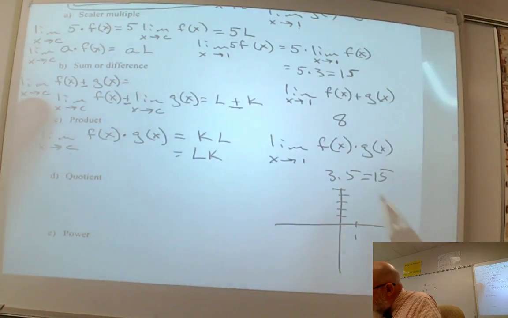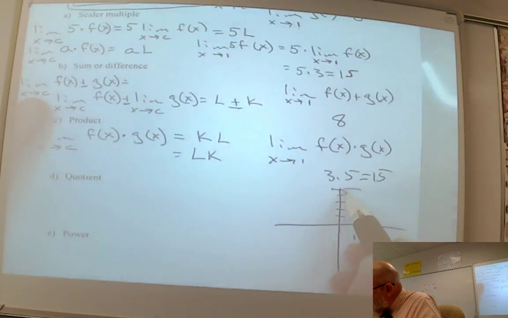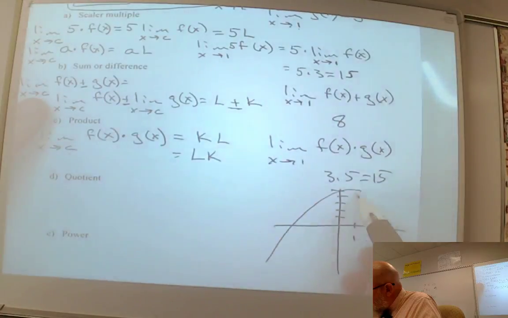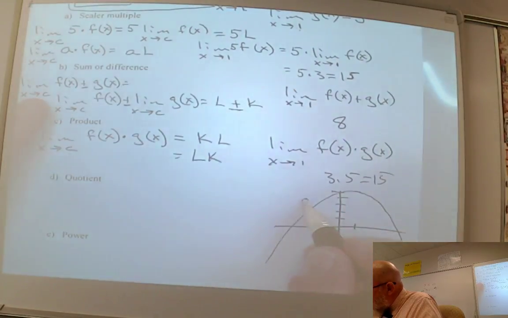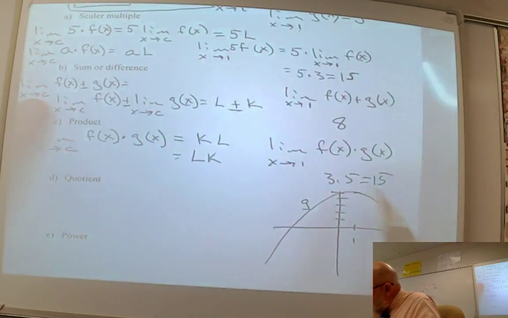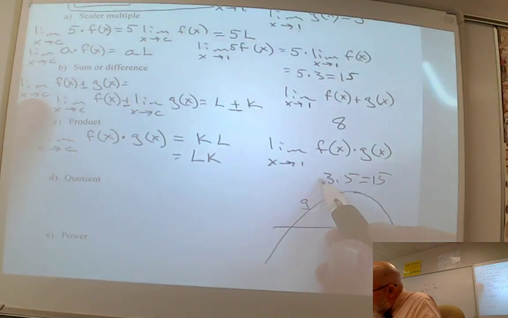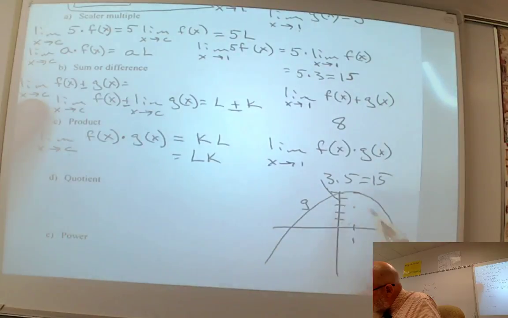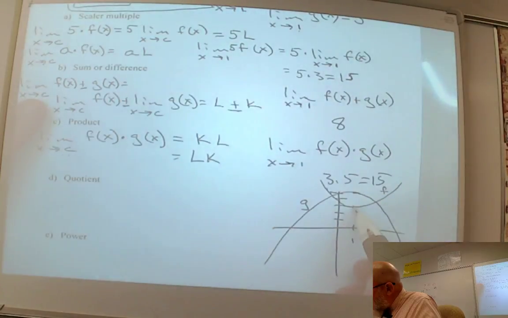And so here's G. This is G, so right here that's supposed to be 5, and then right here, what did I get? 3. So right here is F. There's its limit, right? So I'm multiplying those two numbers together.